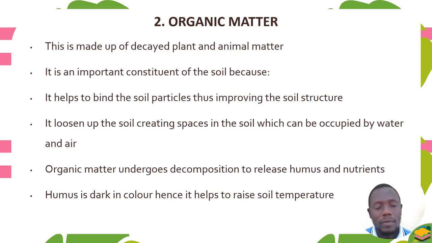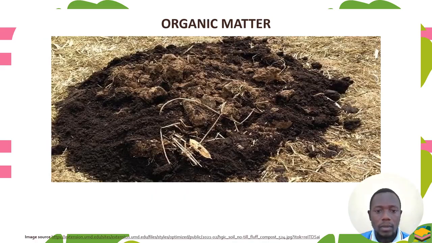Most of the time humus is dark in color. Because it is dark in color, it helps to raise the temperature. You know that black surfaces absorb heat, therefore they help to raise the temperature of the soil. Those are some of the importance of organic matter.